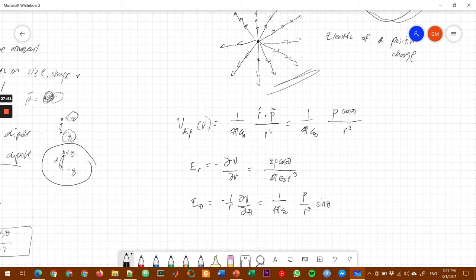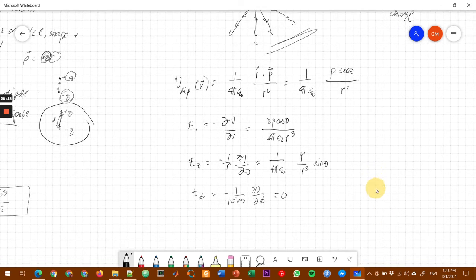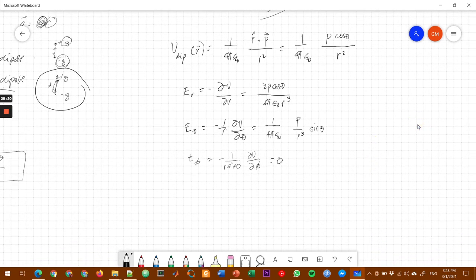And of course, the phi component, the general formula for E phi is 1 over r sine theta, partial of V over partial of phi. Okay, that's 0. So there is no phi dependence.